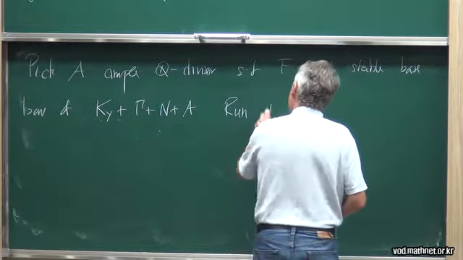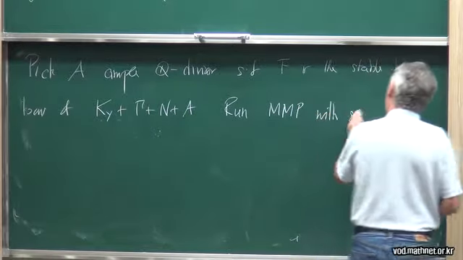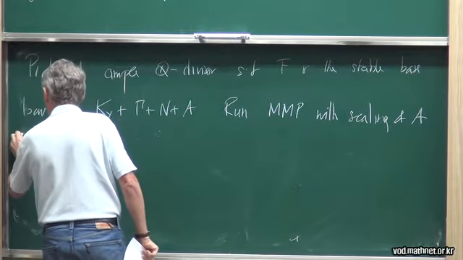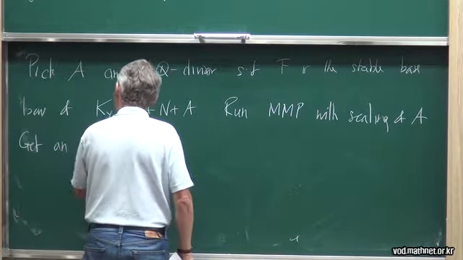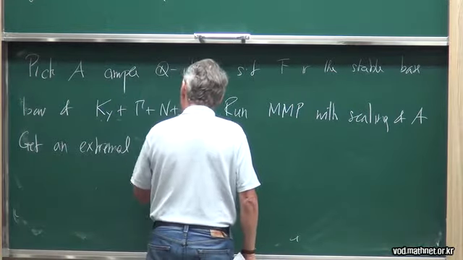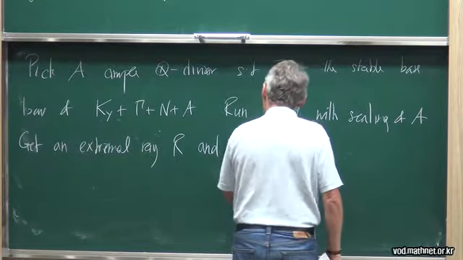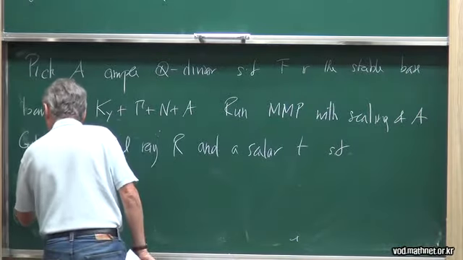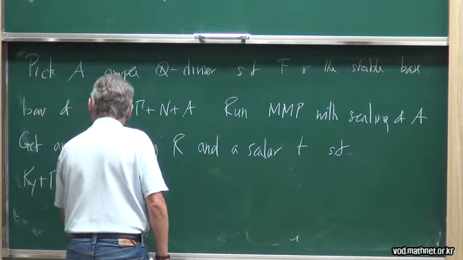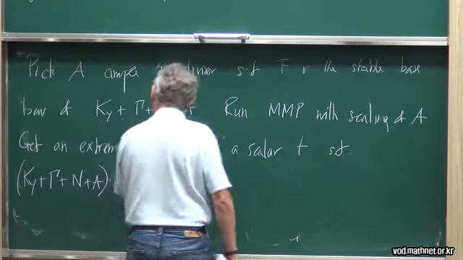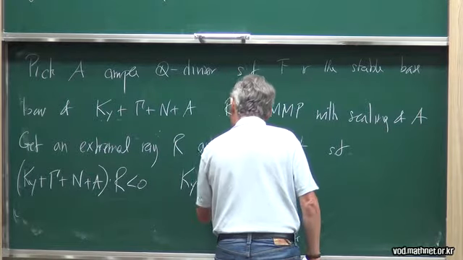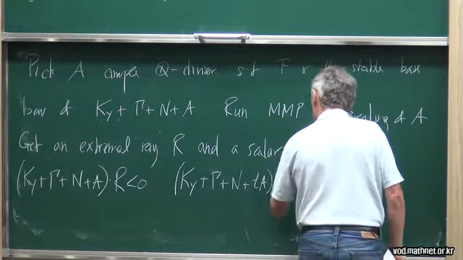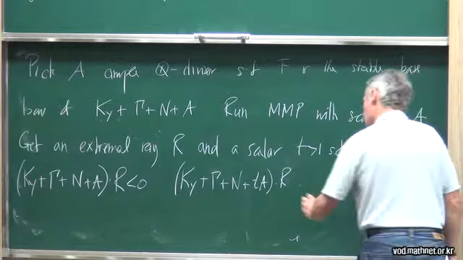So run MMP with scaling of A. So we get an extremal ray R, and a scalar, let's call it t, such that (Ky plus gamma plus n plus A) dot R is less than 0, and yet (Ky plus gamma plus n plus tA) dot R, with t bigger than 1, is equal to 0.